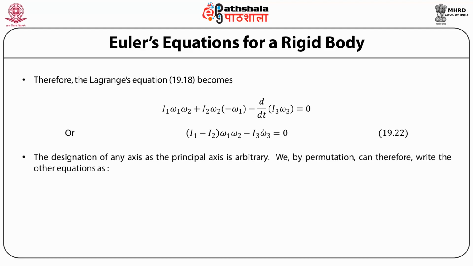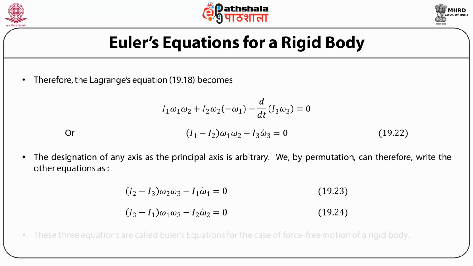Now, the designation of any axis as the principal axis, which we can call any axis as 1, 2 or 3, is arbitrary. Therefore, by permutation, we can write the other equations as I2 minus I3 omega 2 omega 3 minus I1 omega 1 dot is equal to 0 and I3 minus I1 into omega 1 omega 3 minus I2 omega 2 dot is equal to 0. These three equations are called the Euler's equations for the case of force-free motion of a rigid body.